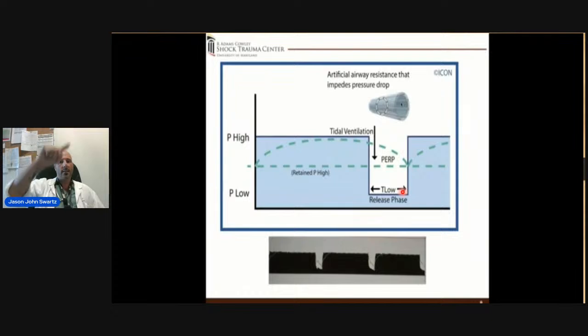It goes like this, and then it slowly ramps up a little bit compared to the 0. Because it's not popping up as fast to your P high setting, it's allowing the gradient to be a little bit larger. It's allowing for just a little bit more emptying. So your P low might be a little bit lower, your T high might be just a little bit longer, and it creates a bigger release gradient, and that helps with the tidal volume.